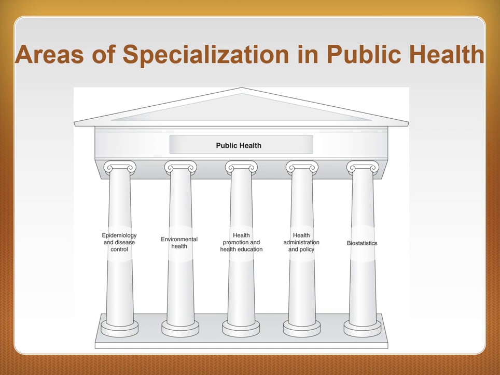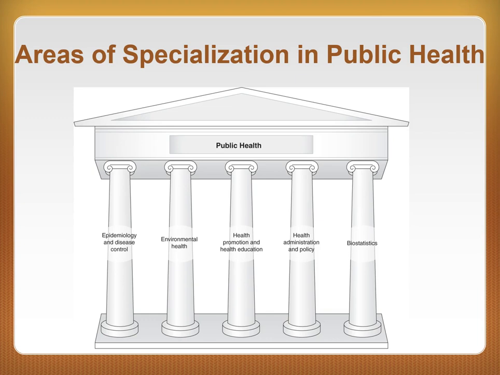Biostatistics provides the basis for the quantitative branch. And health administration and policy is the fourth pillar of public health and focuses on the delivery of public health services. Finally, health promotion and health education refers to how individuals deal with their behavior beyond the environmental effect and the genetic makeup.